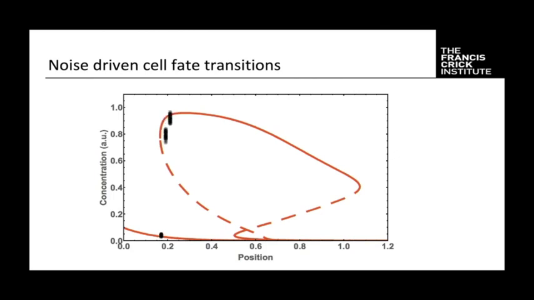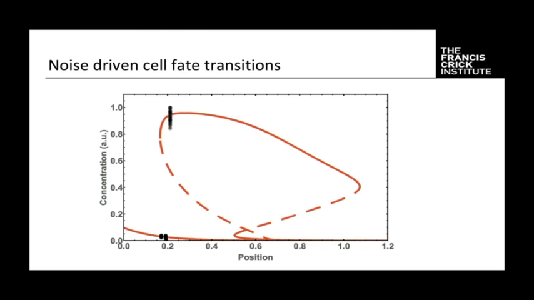What it means is that the noise can actually drive a transition from one steady state to another steady state. In a deterministic system, cells would never jump from this steady state to this steady state. But when you have noise, just a random fluctuation can take a cell across a bifurcation and force it into the other attractor, the other steady state.